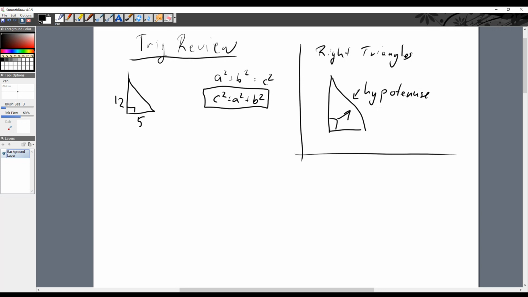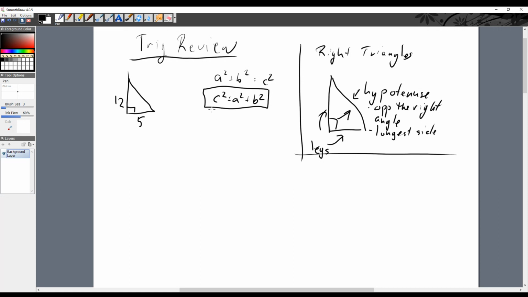One of the other properties about it, aside from being opposite the right angle, is that it's always going to be the longest side on the triangle. The other two sides are called, probably not many of us are going to remember that, legs. So legs are the other two sides.